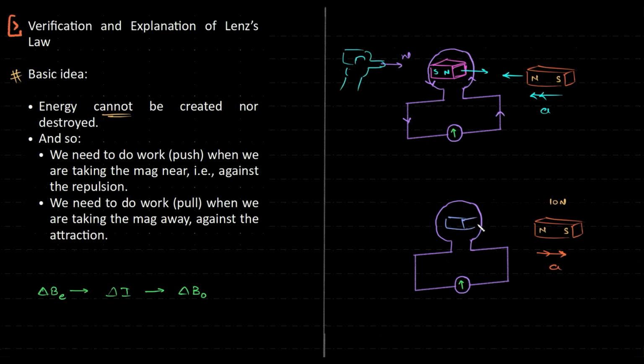This has to be a south end. We are working against. This has to be a pull. Here it has to be a push. Because we are applying a pull away, this has to be pushed towards. Again, these are just words.